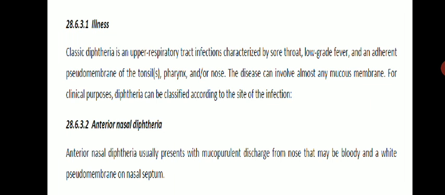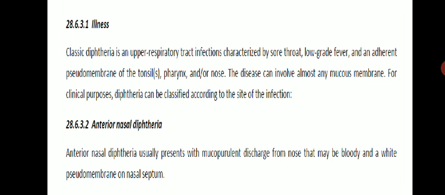It is an infection of the upper respiratory tract, and its main symptoms are sore throat, low-grade fever, and an adherent pseudomembrane of the tonsils, pharynx, and nose. This disease can involve almost any mucous membrane. You know, the mucous membrane is the lining that covers the respiratory as well as digestive tract.